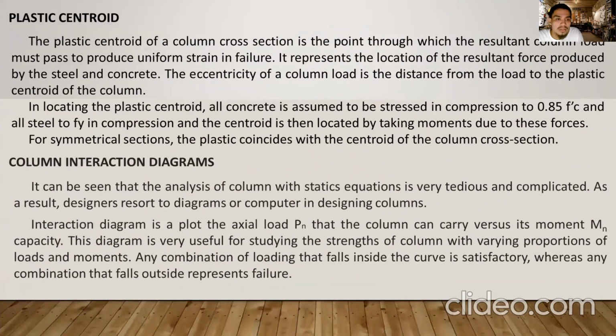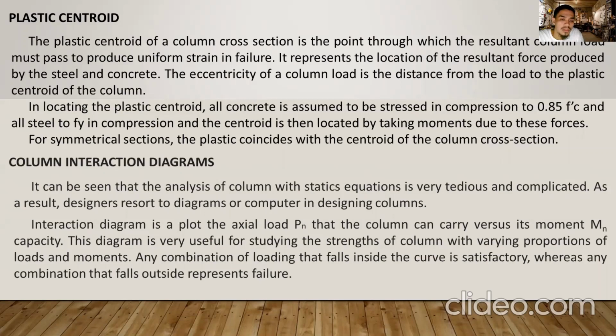The plastic centroid of the column cross-section is the point through which the resultant column load must pass to produce uniform strain in failure. It represents the location of the resultant force produced by the steel and concrete. The eccentricity of a column load is the distance from the load to the plastic centroid of the column.